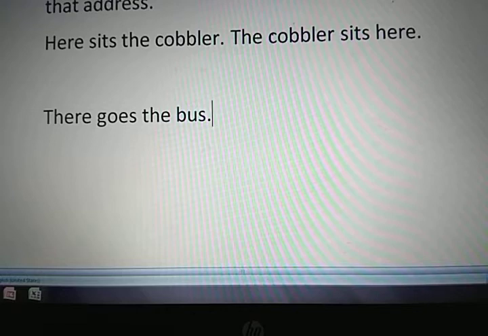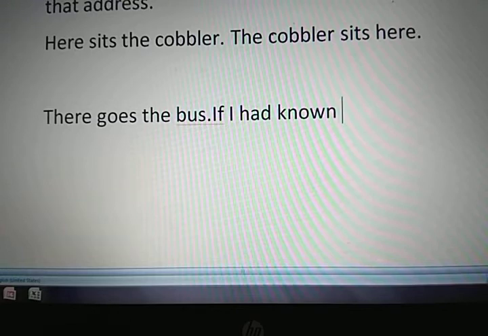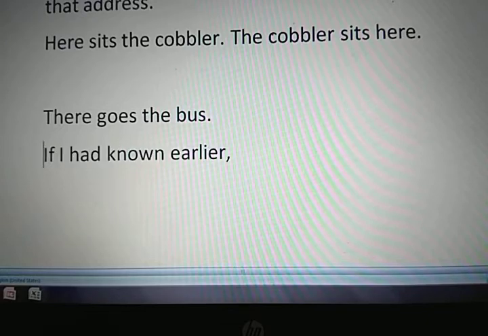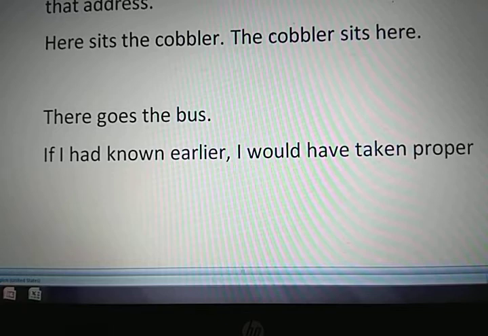And you have one more occasion when you use this verb inversion, that is your if clause condition 3. If I had known earlier, I would have taken proper care.